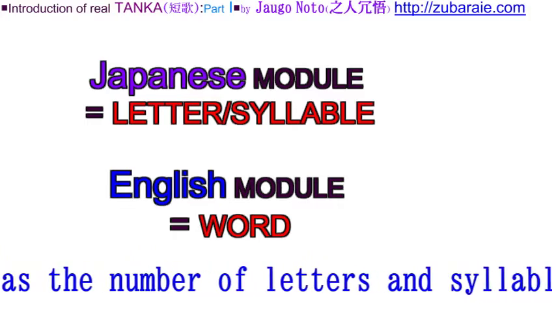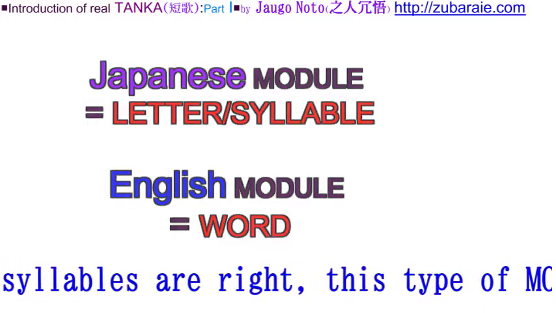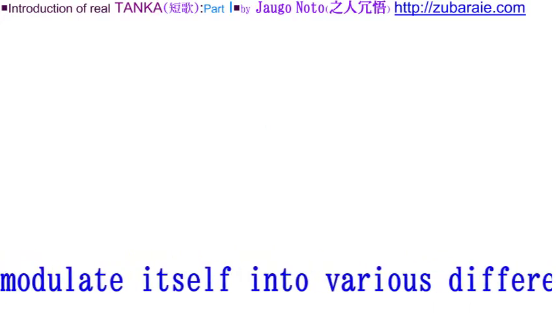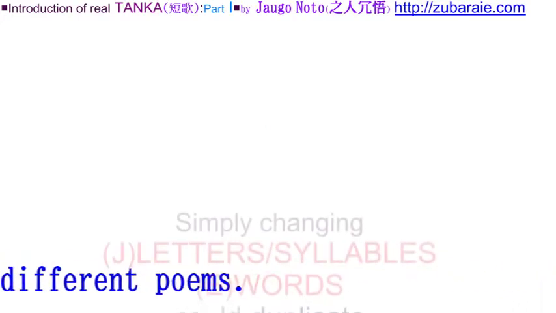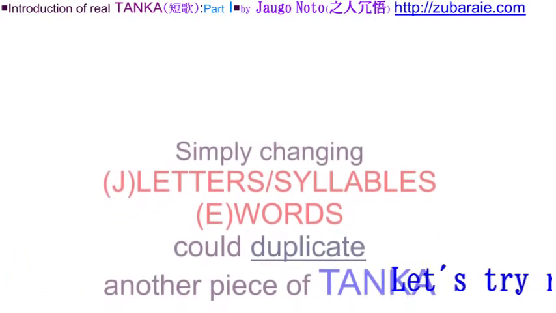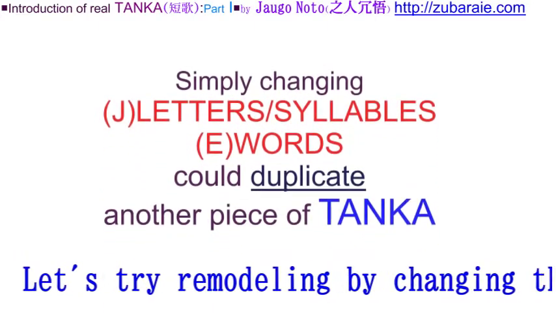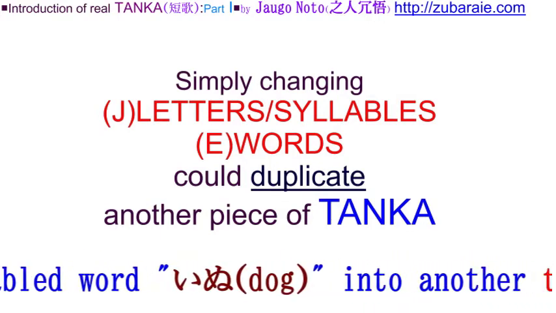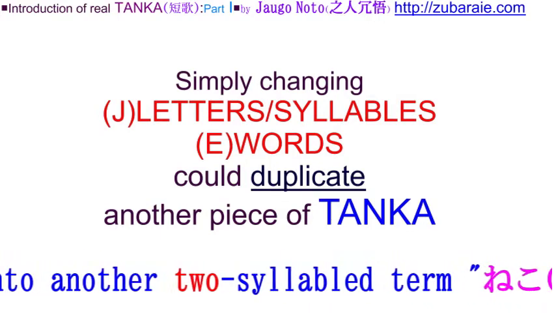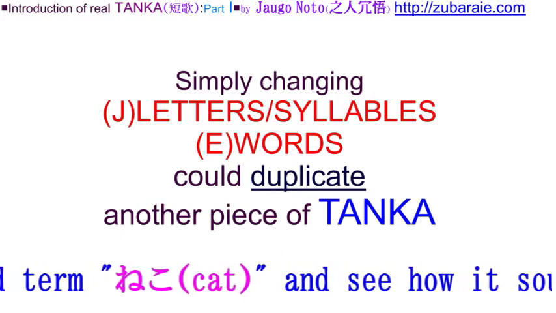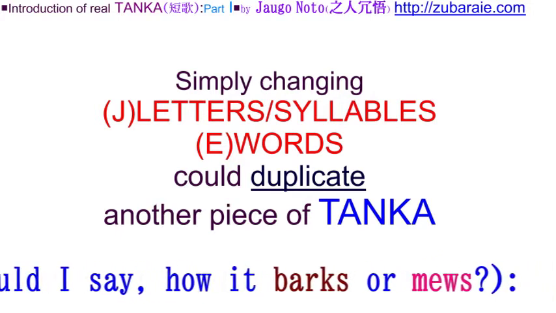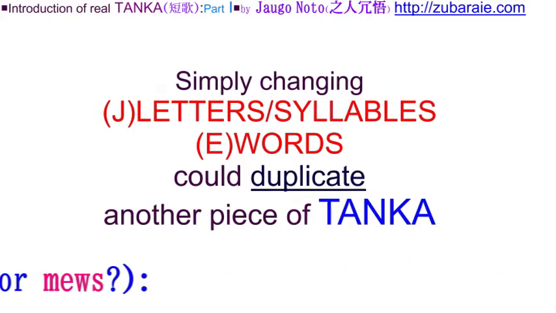So long as the number of letters and syllables are right, this type of modular tanka can modulate itself into various different poems. Let's try remodeling by changing the two-syllabled word inu, dog, into another two-syllabled term neko, cat, and see how it sounds, or should I say, how it barks or meows.